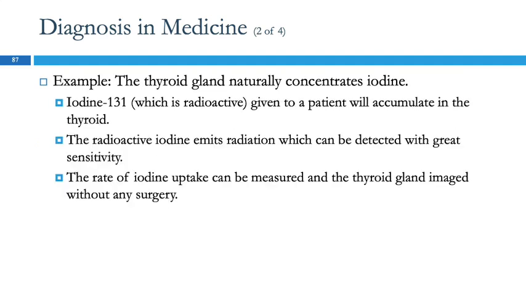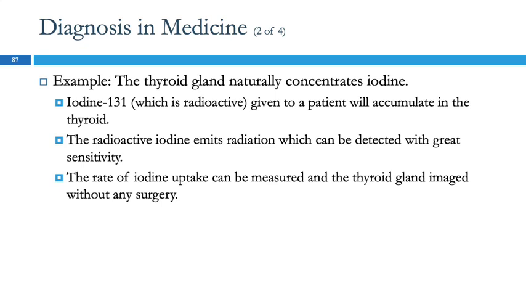So an example is to assess your thyroid gland, and interestingly, my husband had this done recently. So they can give you iodine-131, which is radioactive, and your thyroid naturally concentrates iodine.